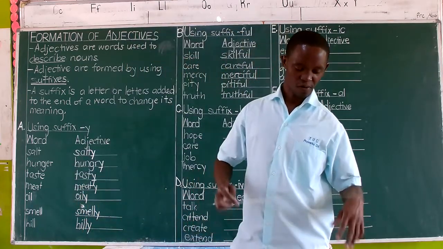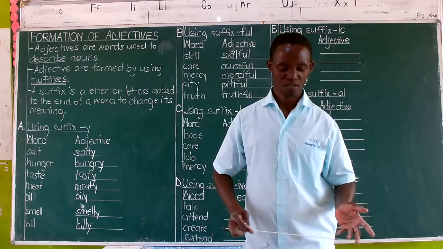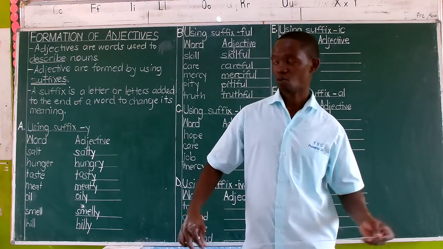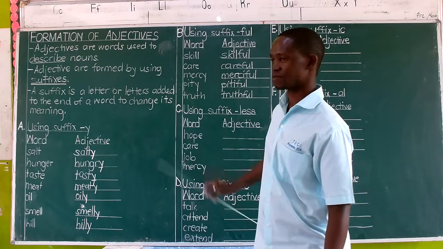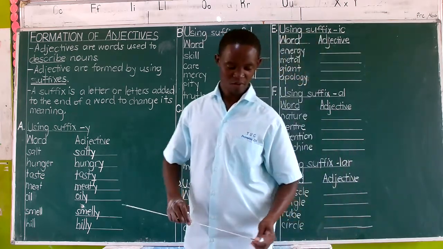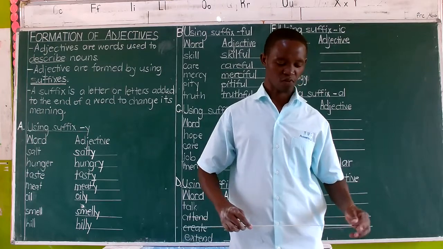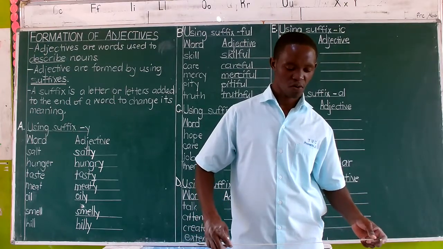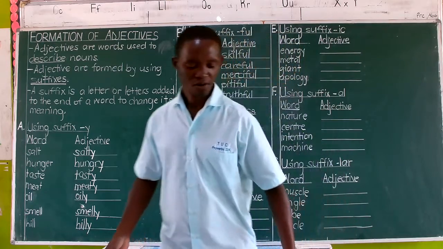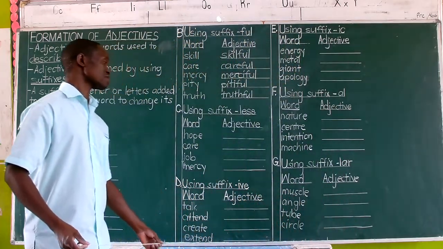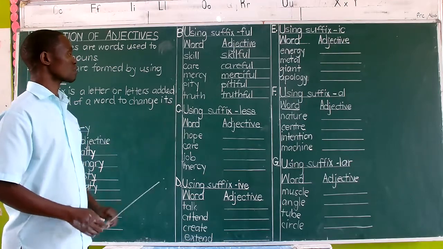Skill, skillful. Thankful was given to us as the example. Then beauty, what do you see? If a noun ends in Y, what happens? Do the same thing and you'll be able to pass. Then we have words like forget, sorrow, harm, pain, then success, purpose, peace. All those words can be turned into adjectives by adding suffix FUL.